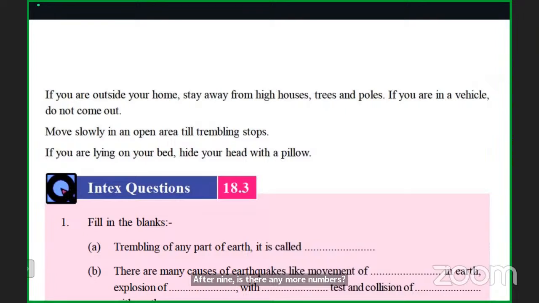Let me just check and confirm to you. I think the highest is a 10 magnitude earthquake.